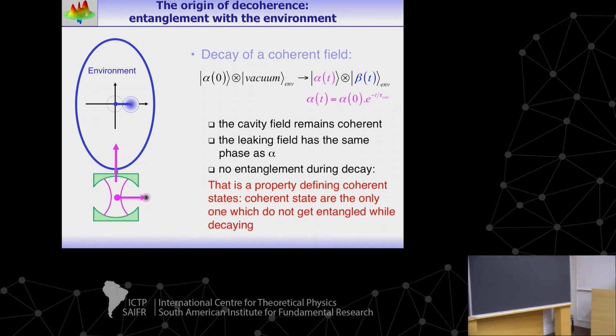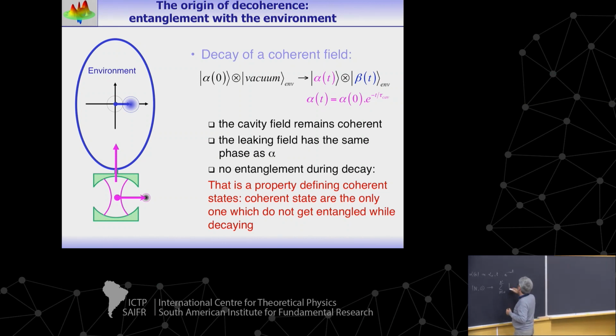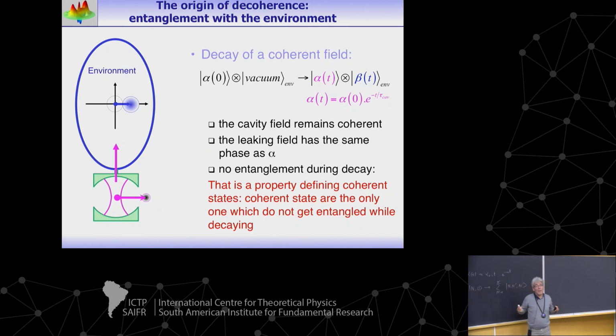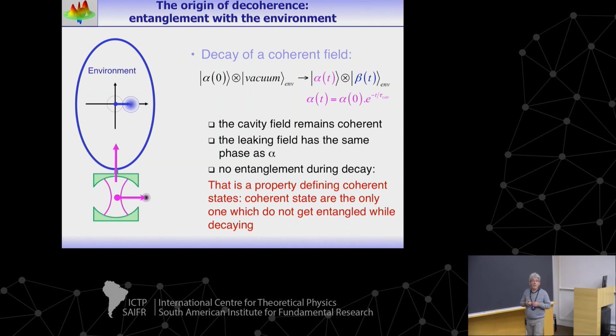Basically, if you have n photons leaking in an environment which is initially in vacuum, then the state is the sum over all photon numbers n prime from 0 to n, with all the possible states with n minus n prime and n prime photons in the environment. So this is completely entangled, and the number state has no well-defined phase. So the classical phase is meaningless in this state. And so when I talk about classical phase, I'm really dealing with a coherent state.